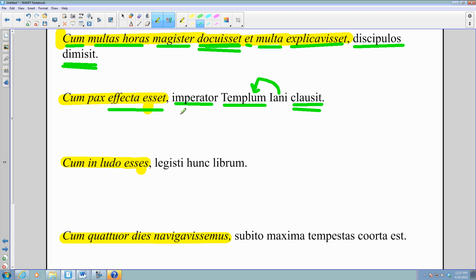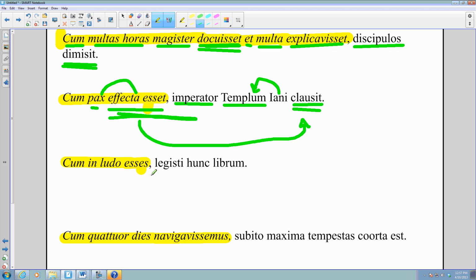So when the peace happened, it has to be had happened. When the peace, that's my subject, had happened, the emperor closed the temple of Janus. Again, pluperfect subjunctive happens before the main verb does.